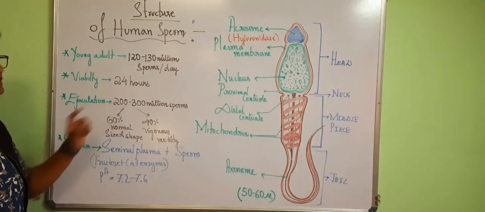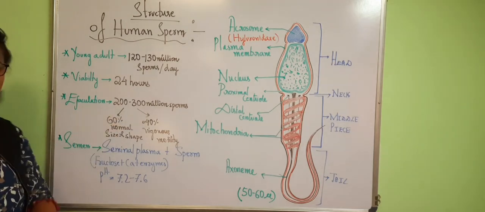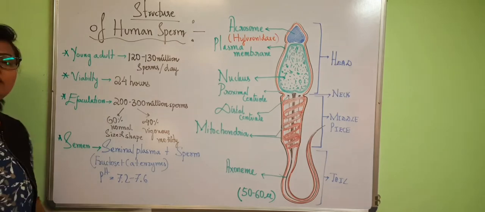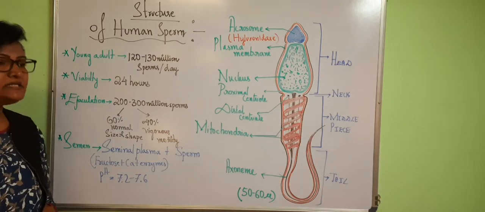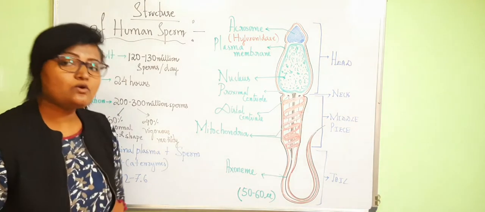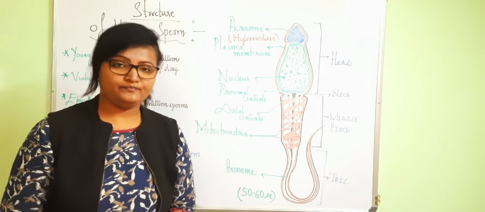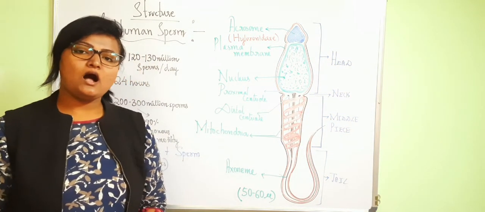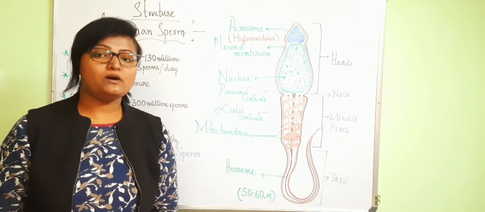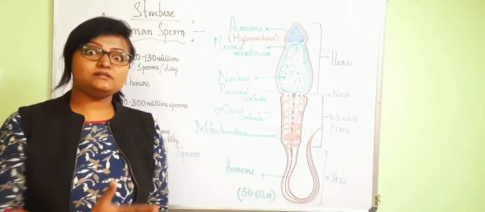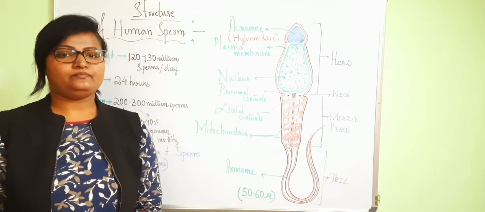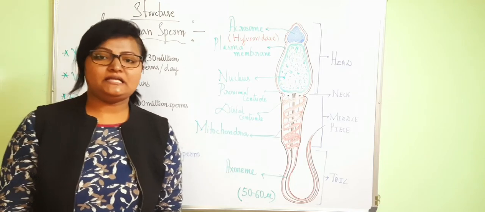If there is a low sperm count during ejaculation, if the sperm count is less than 200 or less than 100 million, we call such a condition low sperm count, also called azoospermia. Medically it is called azoospermia, which indicates low sperm count and in turn leads to male infertility.